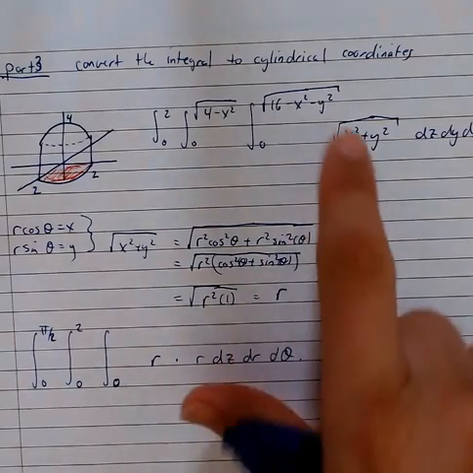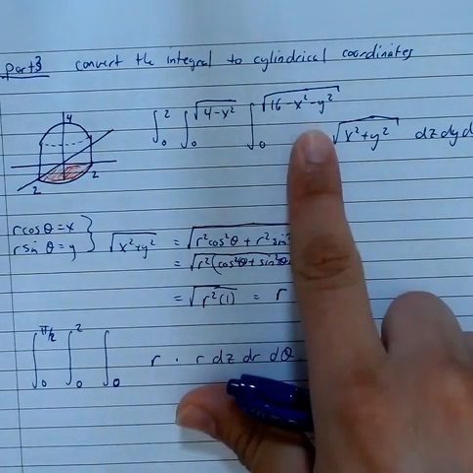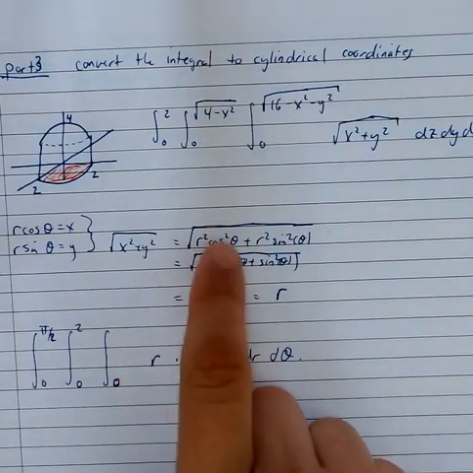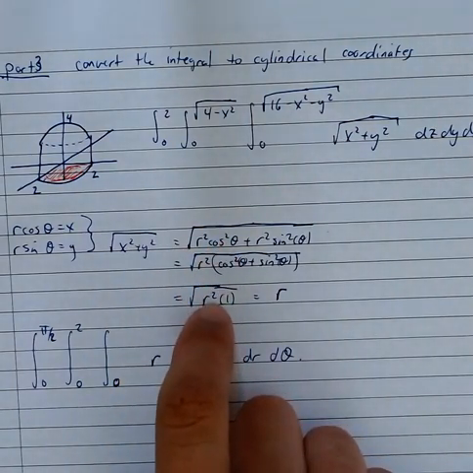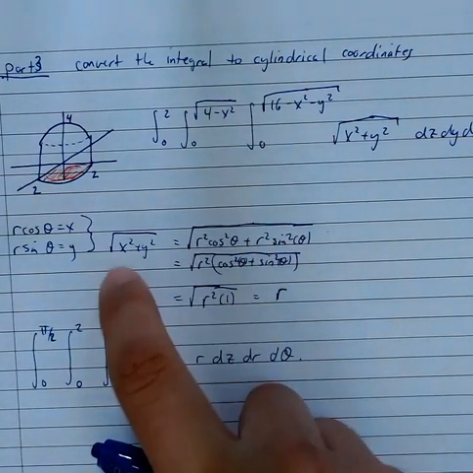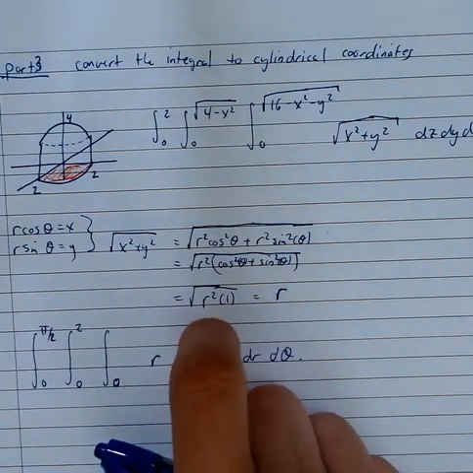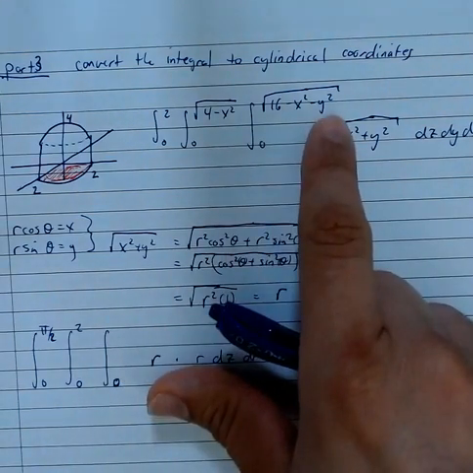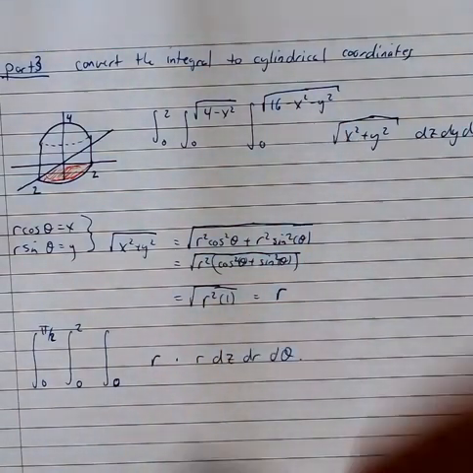Well, x squared plus y squared, we saw just a minute ago, can be written as r squared. That's a really simple conversion. If both of these were negative, it would make minus r squared.